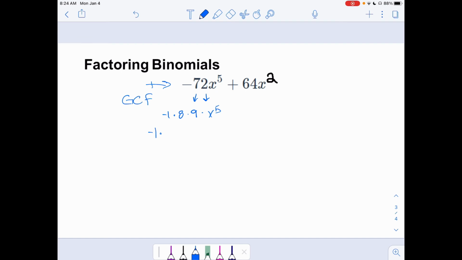Negative 1 times, well, 8 is the same as 2 times 4, and 9 can be factored to be 3 times 3. Let's keep going because we can still factor that 4. So we can break it up one more time as negative 1 times 2 times 2 times 2 times 3 times 3 times 5 of my x's.